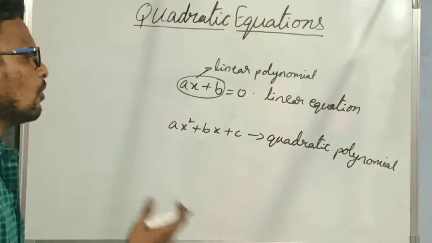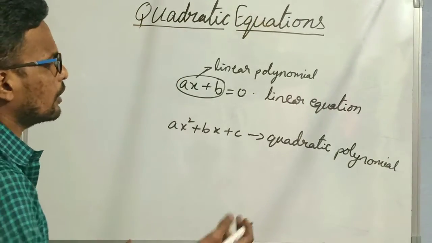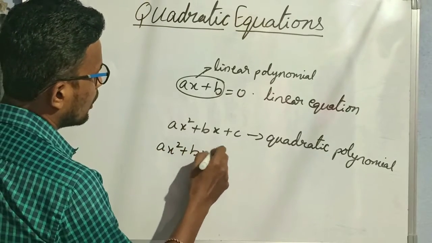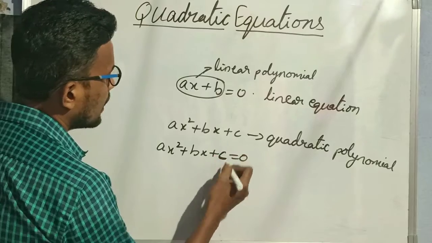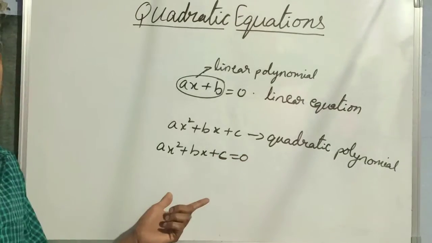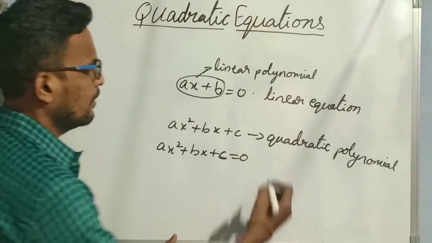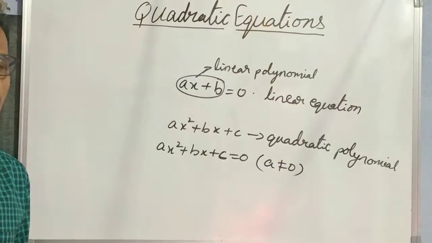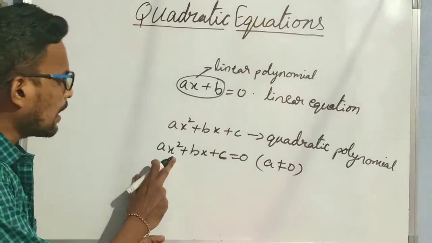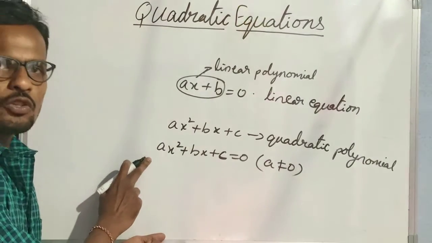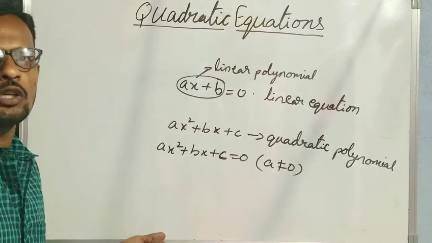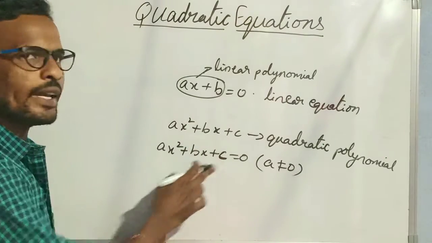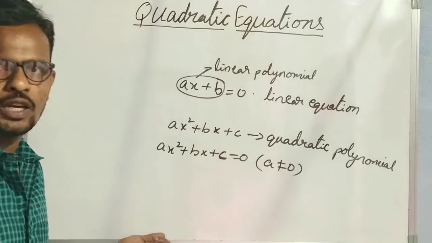And when we place equal to 0 for this polynomial, meaning ax square plus bx plus c is equal to 0, it becomes a quadratic equation, and definitely a should not be equal to 0. Understood? The coefficient of x square should never be equal to 0. If this is equal to 0, then this becomes a linear equation but not a quadratic equation.